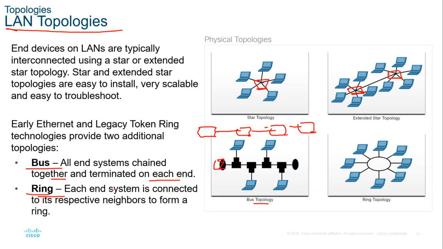With the ring, each end system is connected to its respective neighbor to form a ring, chained together like that.